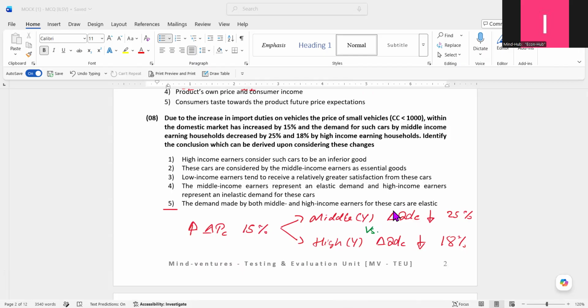If there was an answer that says middle income earners are relatively more elastic than the high income earners, that answer would be perfectly correct, but such an answer does not exist. The only correct conclusion is that both groups' demand for small engine cars is elastic. Correct answer is number 5.